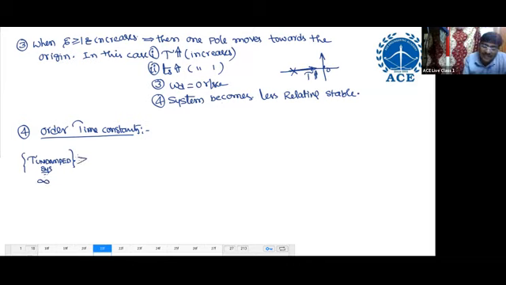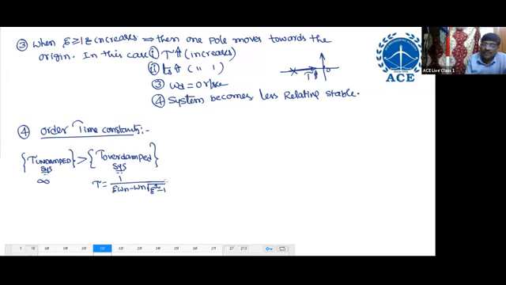Next, which is greater, the time constant of the overdamped system? What is the time constant for overdamped? 1 by (zeta omega n minus omega n into root of zeta square minus 1).